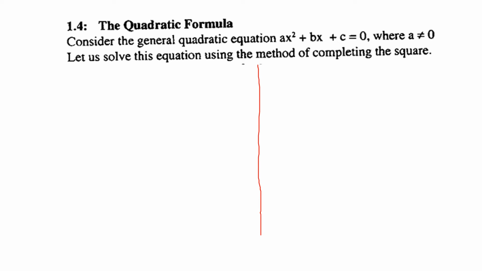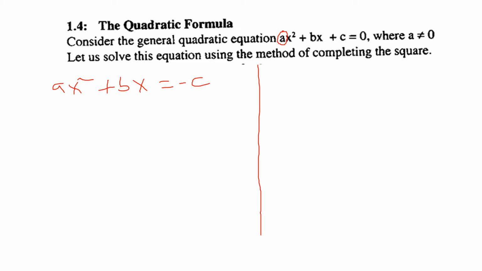So from this you can see that the coefficient of x squared here is not 1. So we need to make it 1. So here we shall have ax squared plus bx. We subtract c on both sides, which is equal to negative c.